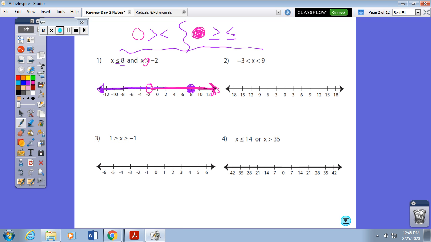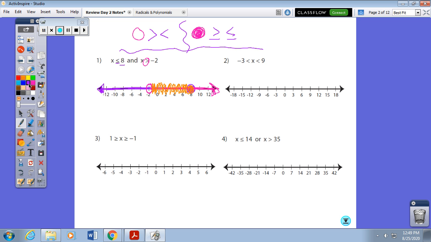Okay. And then on my paper, I went back through and said, okay, we want to know the ands. So we want everything in between. This is the answer we're looking for. We are also looking for what's included, but this is the answer we are looking for: everything in between that they share, that they overlap with.